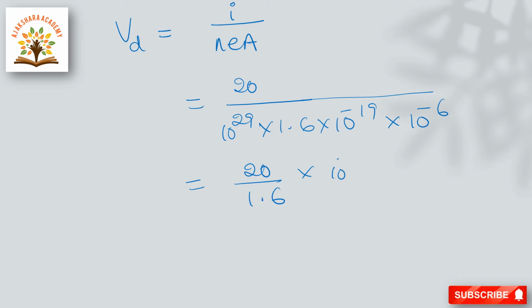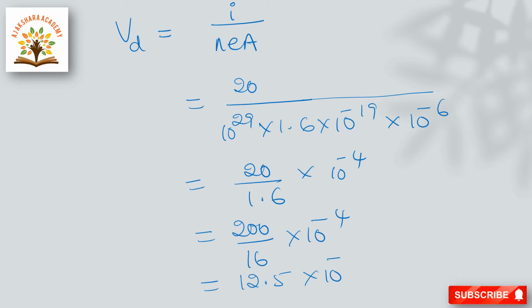So 10 to the power of 4 in the denominator, that is equal to 200 by 16 into 10 to the power of minus 4. This can be written as 200 by 16, nothing but 12.5 into 10 to the power of minus 4, or drift velocity Vd is equal to 1.25 into 10 to the power of minus 3 meters per second.